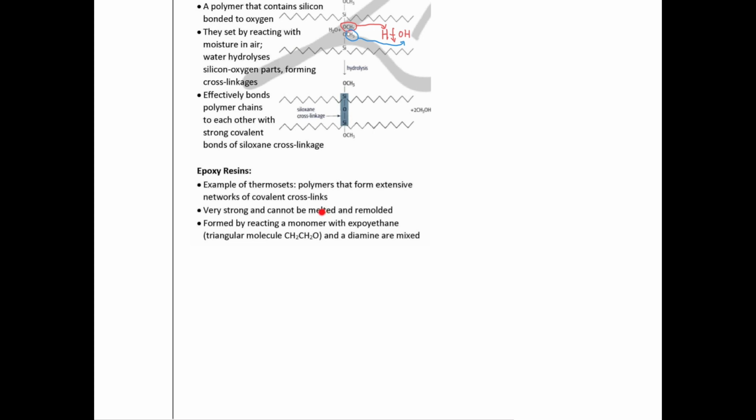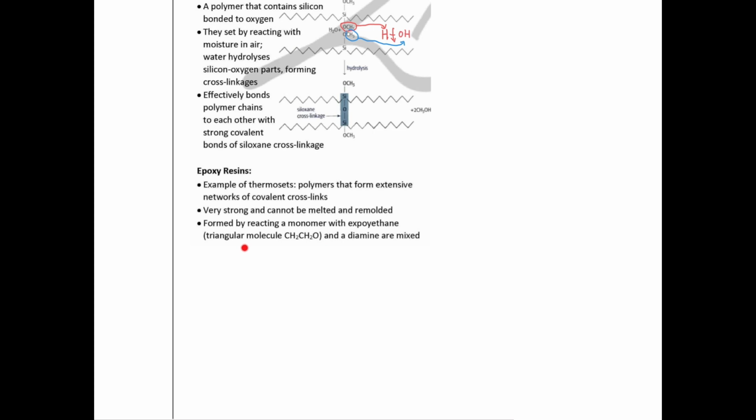You cannot think like, okay, we melt it and then we form it to different shapes. Cannot already. Okay? Once they form that shape, it will be that shape all the time. So you cannot melt it down and change it to another shape. And it is formed by reacting monomer with epoxy ethane.